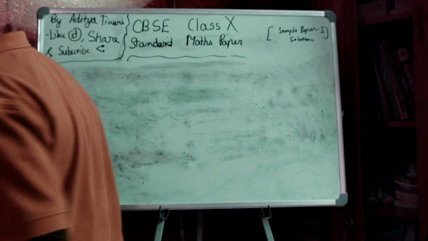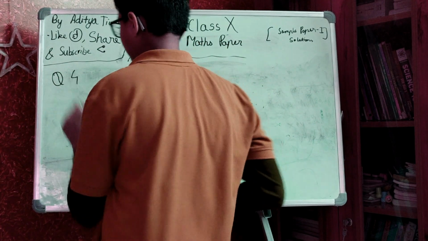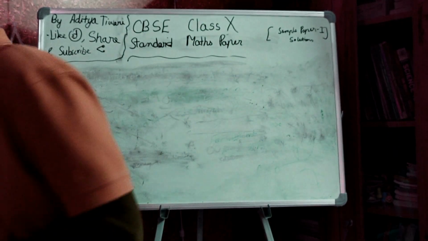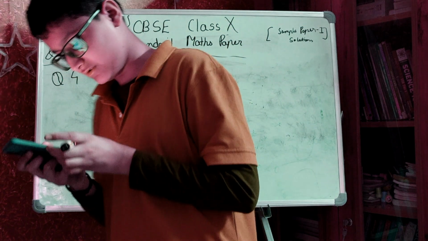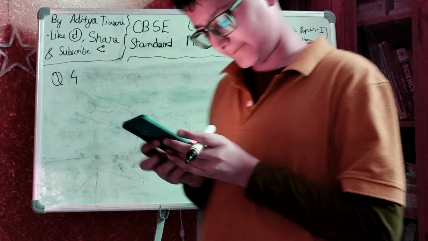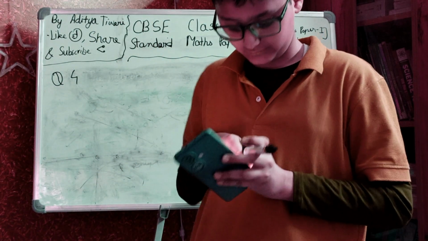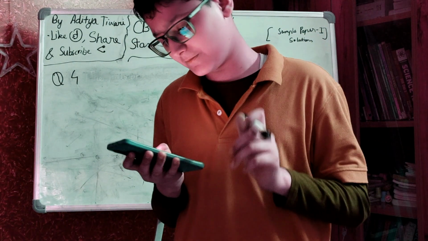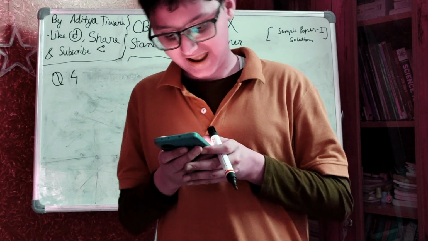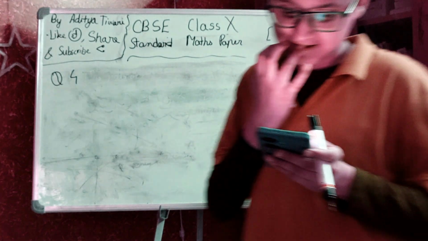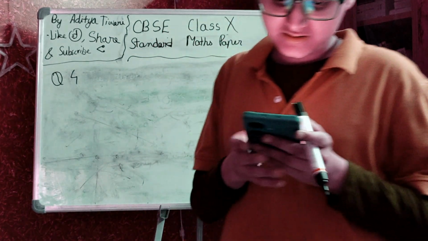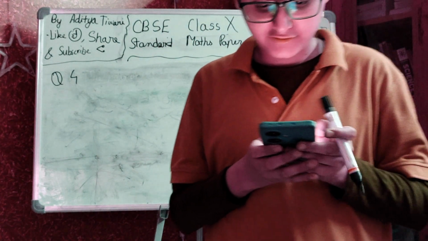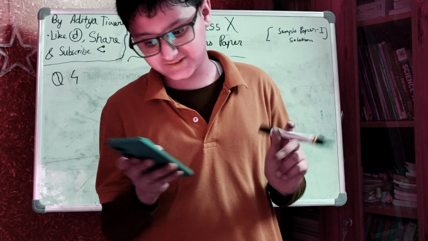Now we have question number 4, which I'm not going to write because it's a very big question, so I'm just going to read it out. In a Maths Olympiad of 2020 at Animal Planet, two representatives from the donkey side, while solving a quadratic equation, committed the following mistakes.